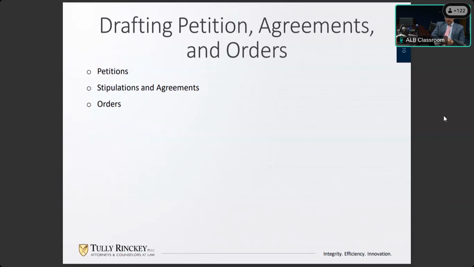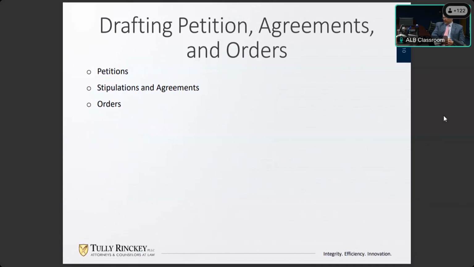Now, also remember, in orders or stipulations, if you deviate from the Child Support Standards Act in your stipulation, you have to set forth in that agreement or stipulation why you were deviating.